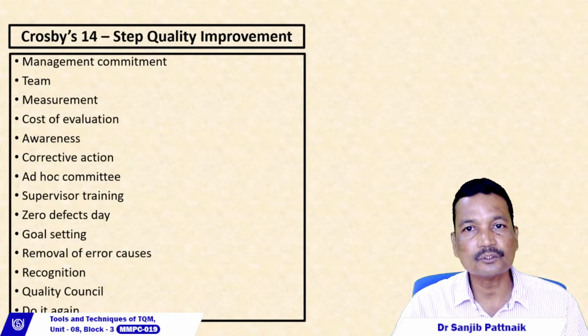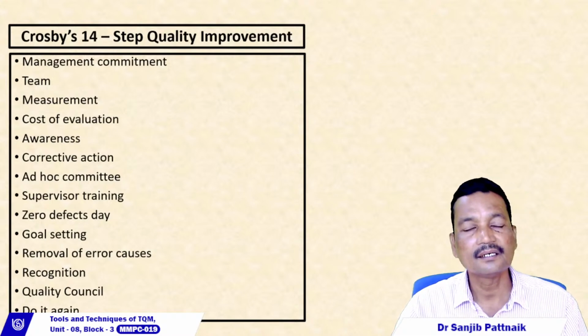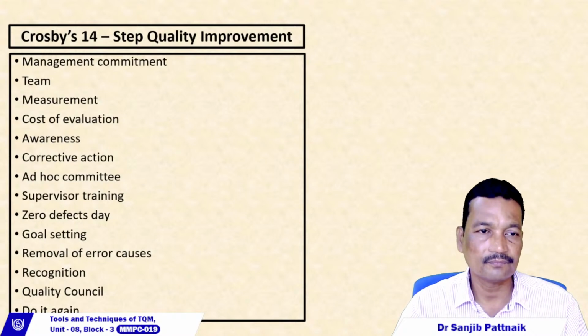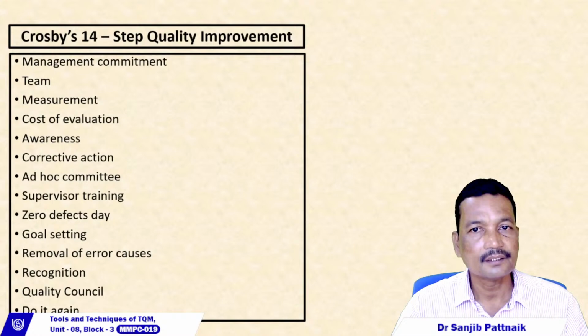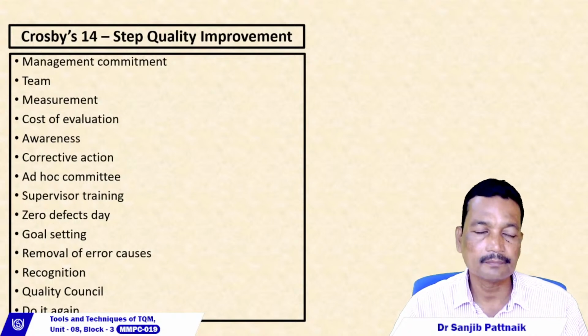They should always focus on the requirements of the customer, and their commitment should never wane. Second is create a team who will try to set up the quality program.